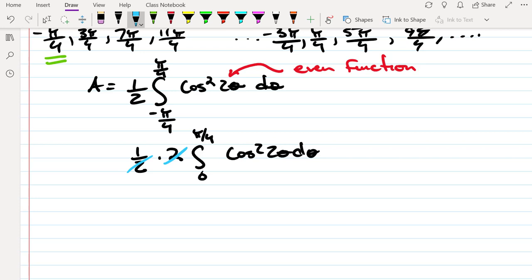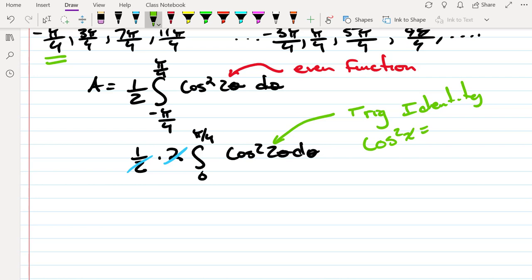And to integrate even powers of cosine, we're going to need to use the trigonometric identity that the cosine squared of x is equal to 1/2 times 1 plus the cosine of 2x.